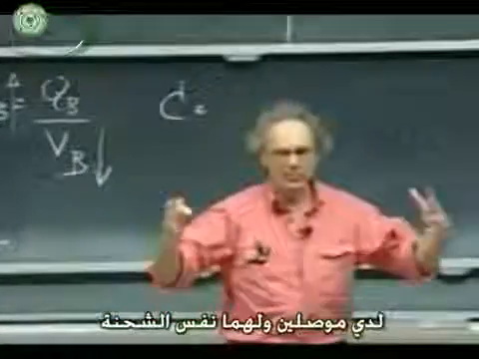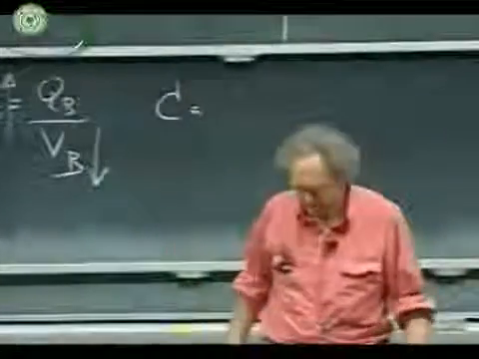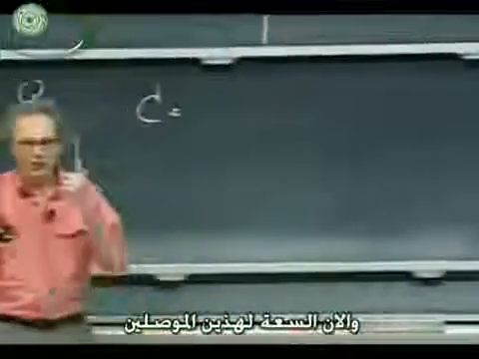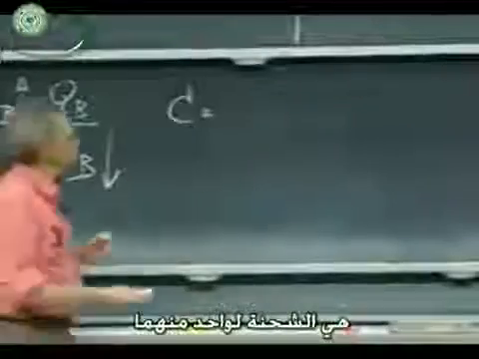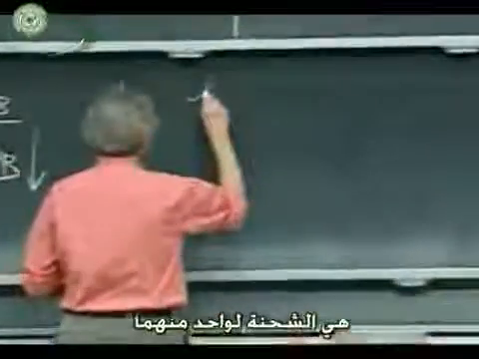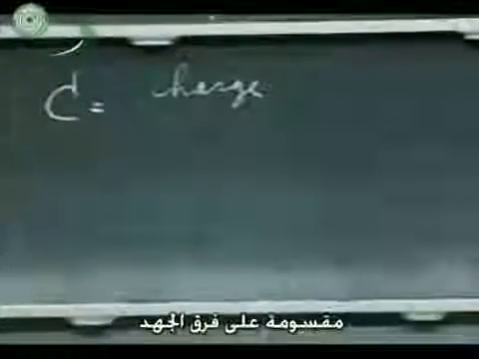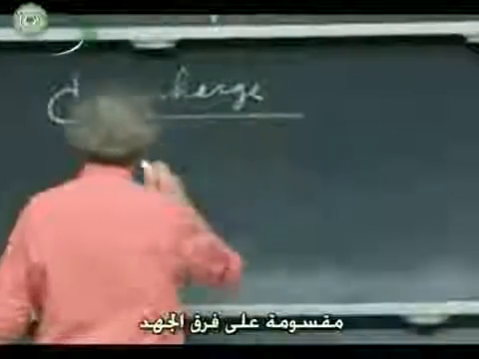I have two conductors, and these two conductors have the same charge but different polarities. And now the capacitance of this combination of two conductors is the charge on one of them, which is the same, of course, as the charge on the other, except different polarity, divided by the potential difference.